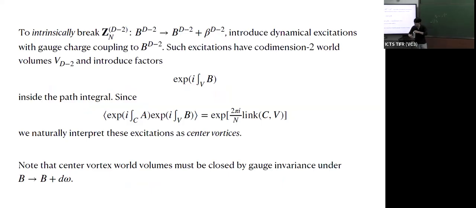So you're kind of summing over all possible world volumes, and each world volume is accompanied by such a factor, as well as additional weights. I mean, it also has to have some tension. So V is the center vortex world volume. For one center vortex, you have one such factor. Yes, but for many, you have many such factors, along with accompanying weights.